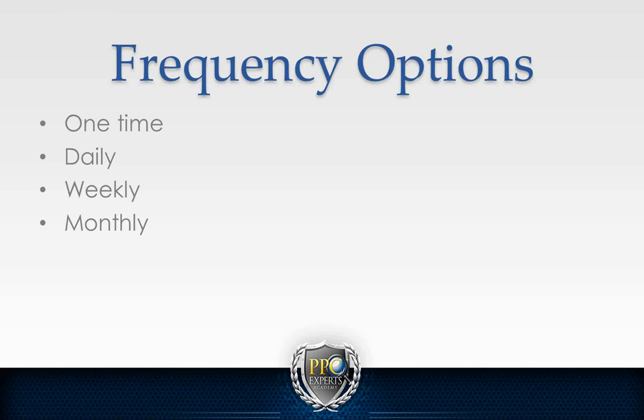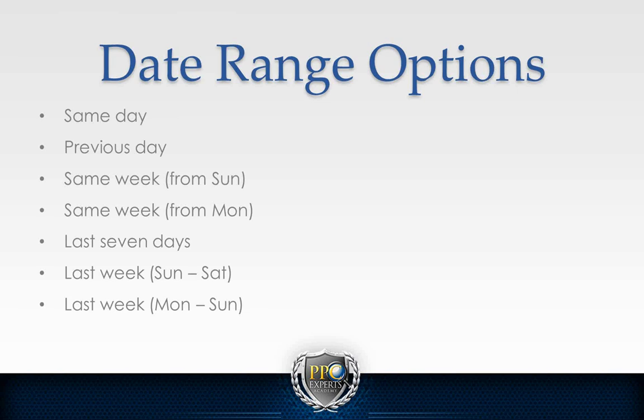But so the frequency options are, you can just run the rule one time, or you can run it daily, weekly, or monthly. So basically when you set up this automated rule, every single day at a certain time, let's say 2 p.m., this rule will run. Same thing too with the weeks and the months.